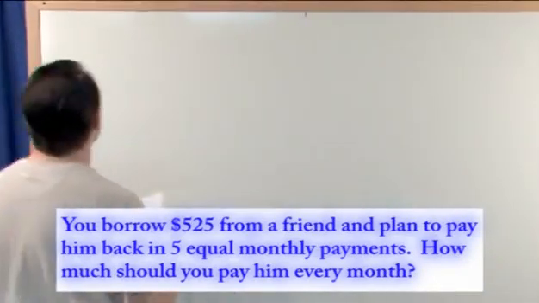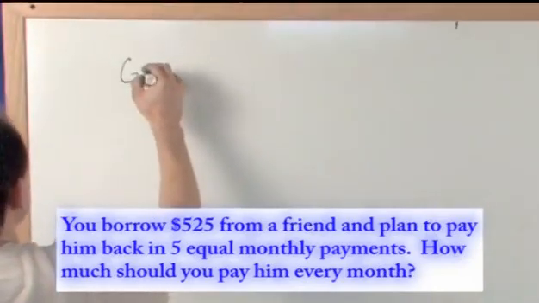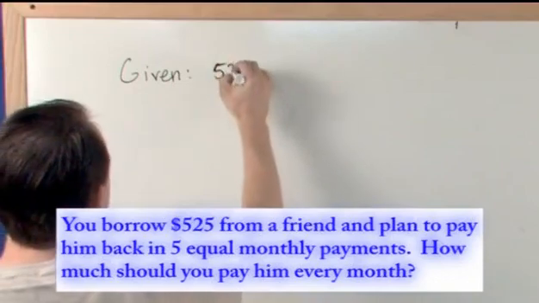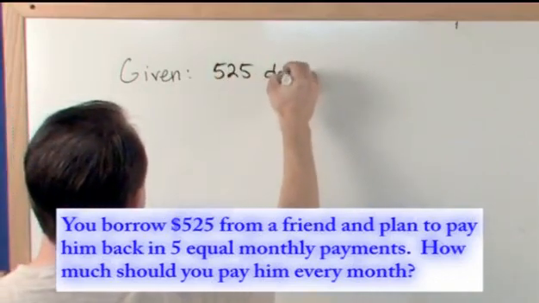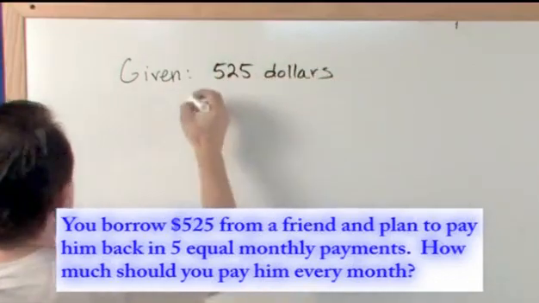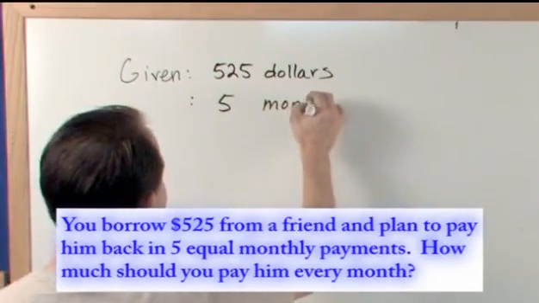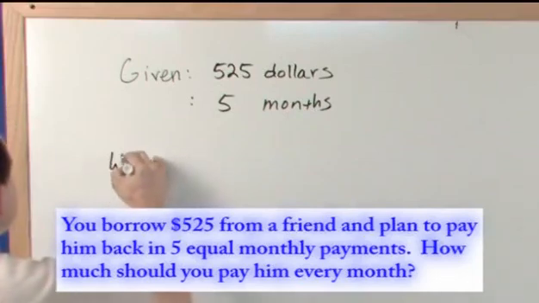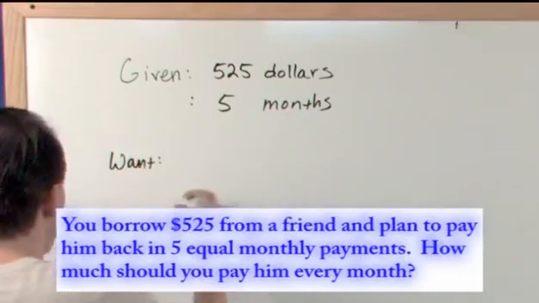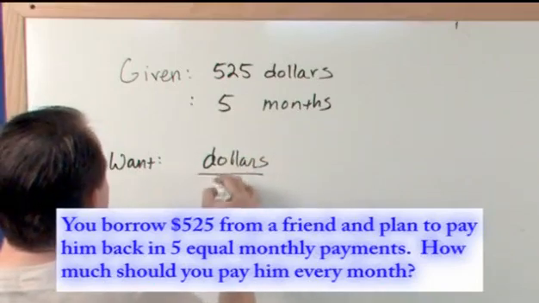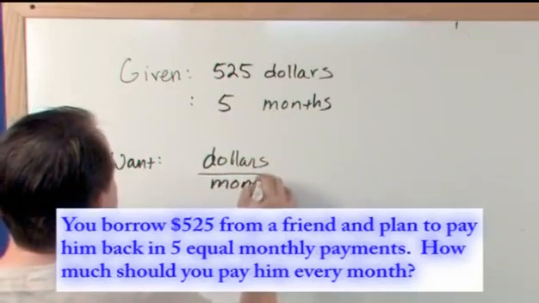Well, what do you have? It's always good to write down what you have. You're given that it's $525. You're also given that you want to pay him back over 5 months. And you want to know how many dollars per month to pay him.